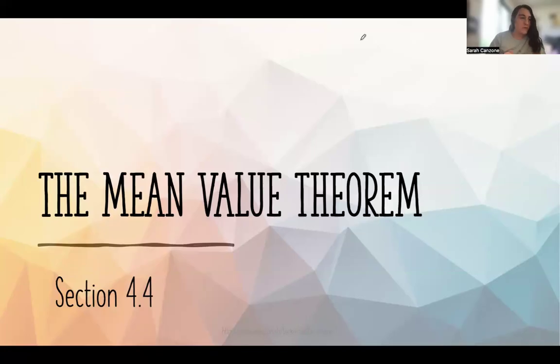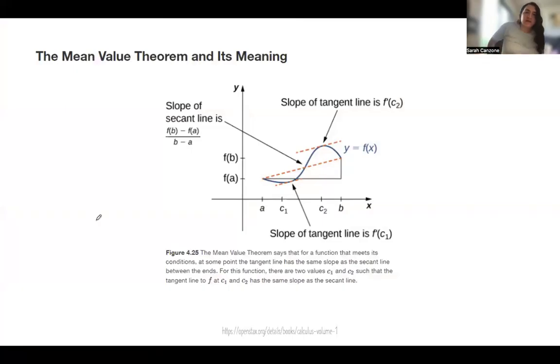So here we are now with the mean value theorem. So we can go ahead and start talking about what is the mean value theorem. All right, so here is a little visual representation of what exactly the mean value theorem is. Here is just some random graph, and we have two different points, and we're looking at the slopes of the tangent lines at that point.